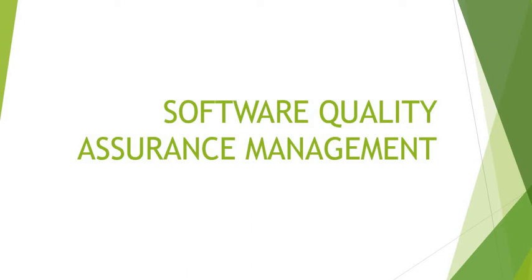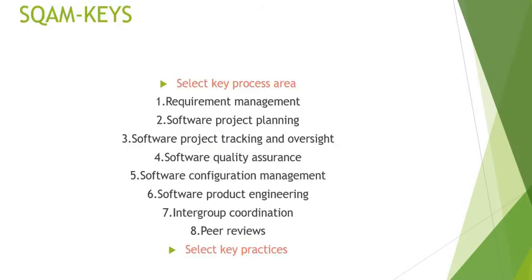Dear students, today we are going to see the topic software quality assurance management. In the last session we discussed the key process areas: first requirement management, second software project planning, third software project tracking and oversight, fourth software quality assurance.